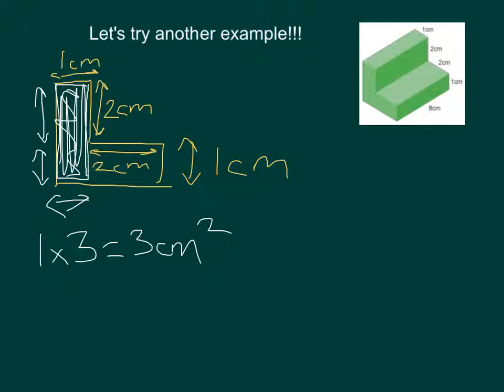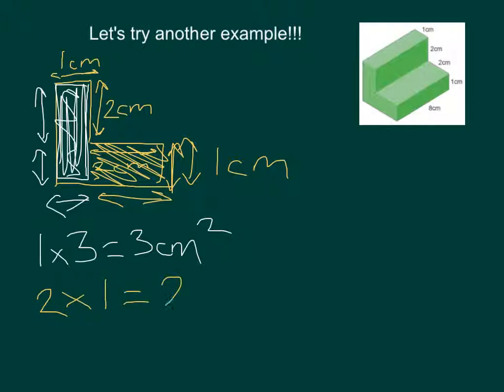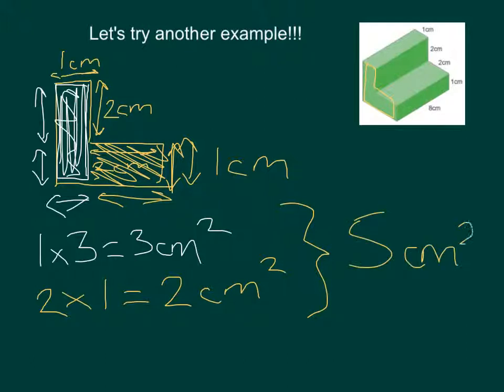And then as we look at the other part of the L shape, we know we've got 2 centimetres by 1 centimetre. So we can say nice and easily that that part is 2 centimetres squared. Now if you add these together, we can see that the area of our L-shaped cross-section is 5 centimetres squared.